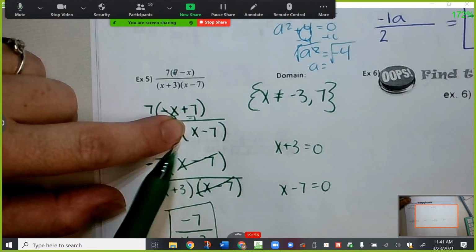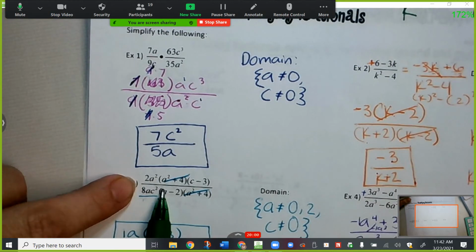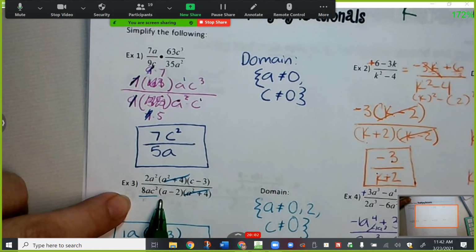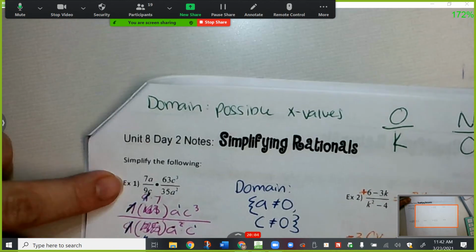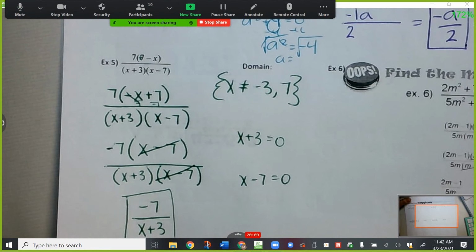The only time you want to put 0 is when you have an A and a C as a factor without a plus or minus. So like this one didn't have a plus or minus on the denominator, this one didn't have one. So that's when, huh? I can't hear you. When, or even just one variable, but if it's outside by itself. These x's aren't by themselves.